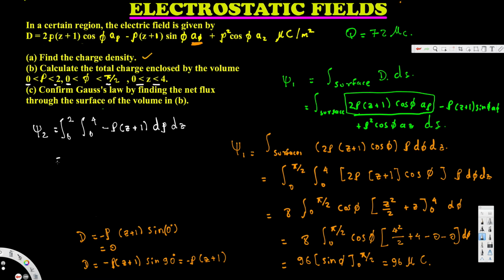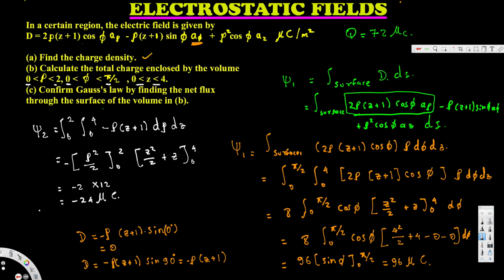dz, and after you do the integration you are going to get something like this: negative rho square divided by 2, 0 to 2, c square divided by 2 plus z going from 0 to 4, and after you calculate this one you are going to get negative 2 times 12, that's going to give us negative 24 microcoulomb. So the net flux is going to be what?